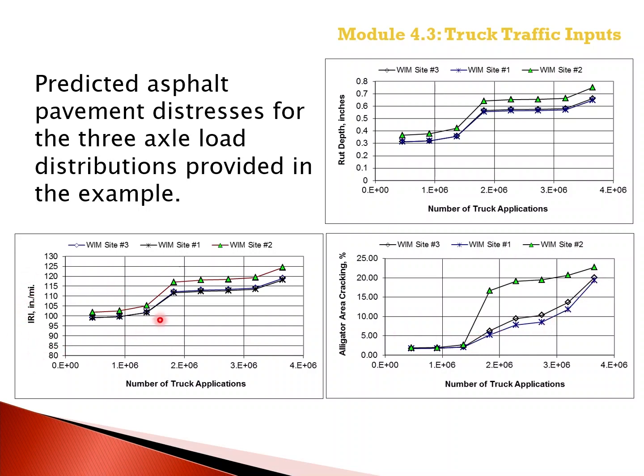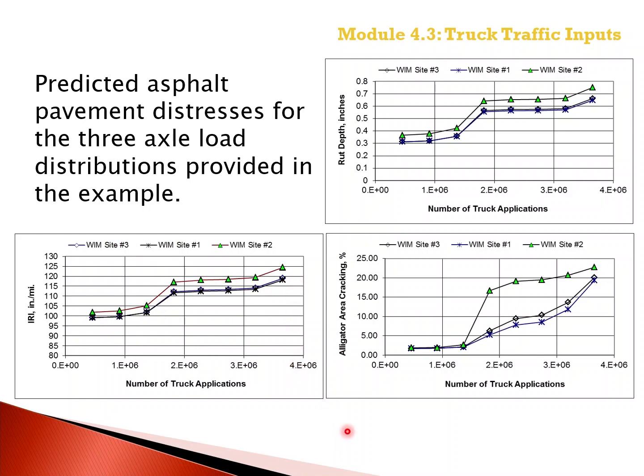For IRI, WEM site number 2, the closed triangles, predicts a greater IRI over time, and WEM site number 3 and number 1 have about the same predicted IRI over time.